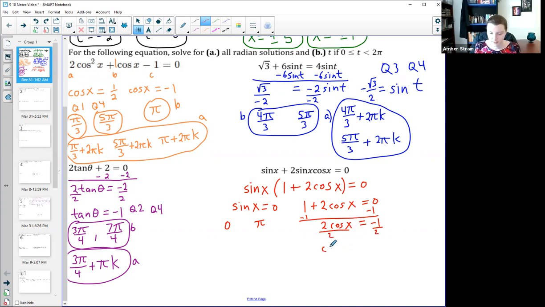So this one says that I'm going to have a cosine of x equal to -1/2. And remember that cosine is negative in quadrants 2 and 3 over there on the left. So -1/2, looking at my unit circle, would have a cosine of 2 pi thirds.